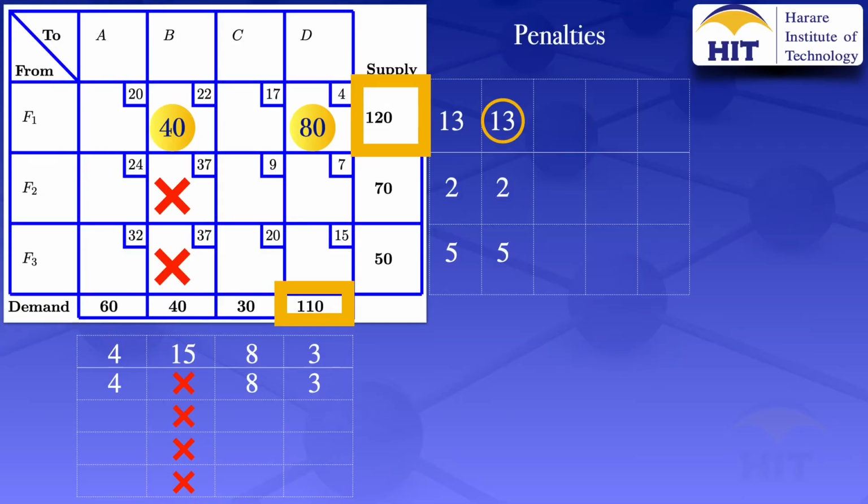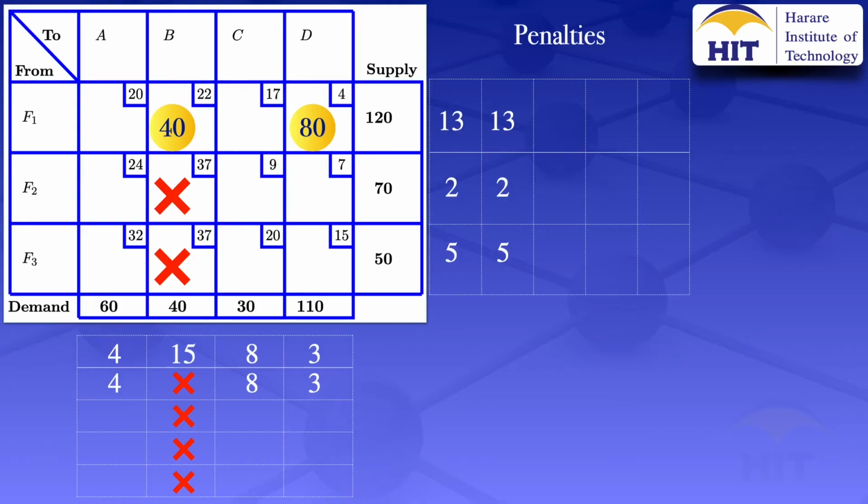But the moment we allocate the 80 in that cell, that means we have now reached the supply capacity for source F1. And if that has occurred, that means we can no longer allocate in row number 1. So to indicate we can no longer allocate in row number 1, we have to cross out all the cells where there are possible allocations.